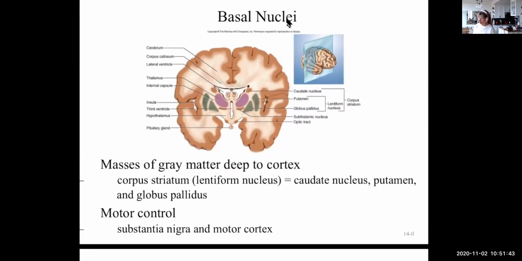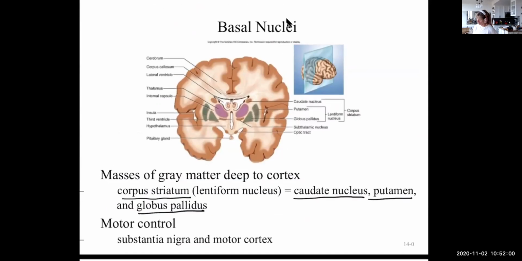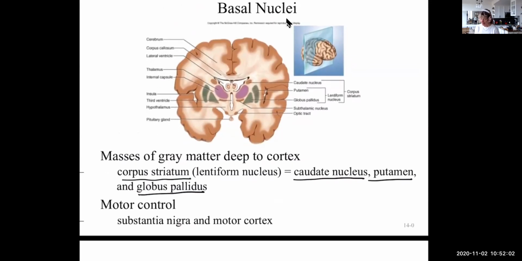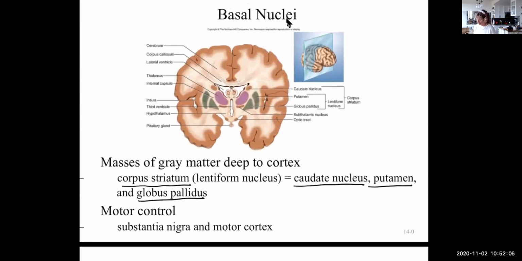Basal nuclei are masses of gray matter that are deep to the cortex. They are known as corpus striatum, and there are several sections, the caudate nucleus, the putamen, and the globus pallidus. So they receive information from the substantia nigra and the motor cortex.